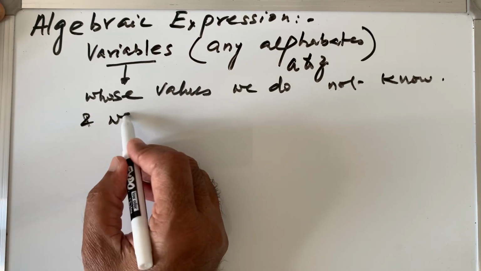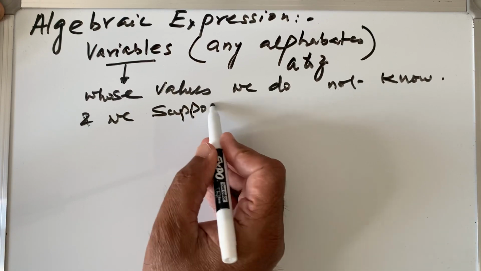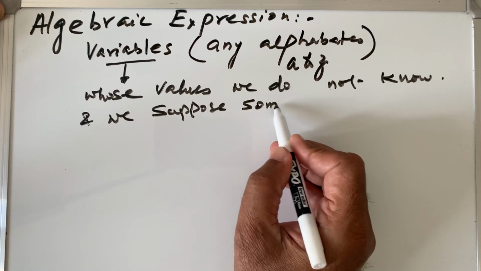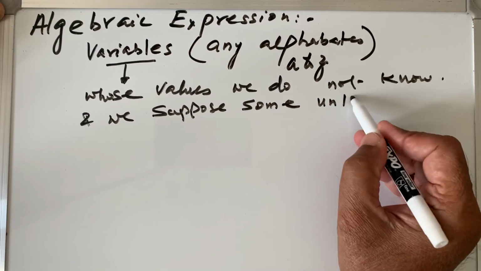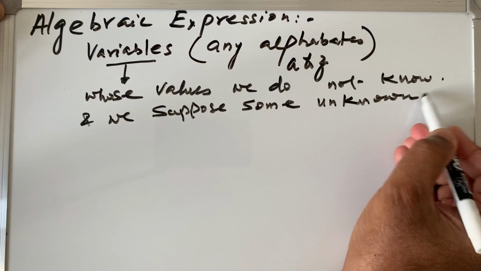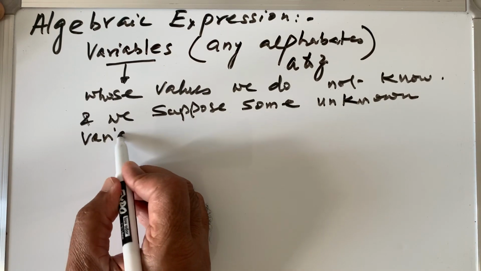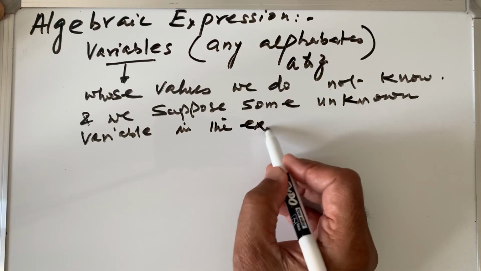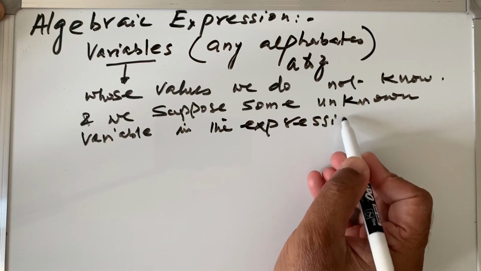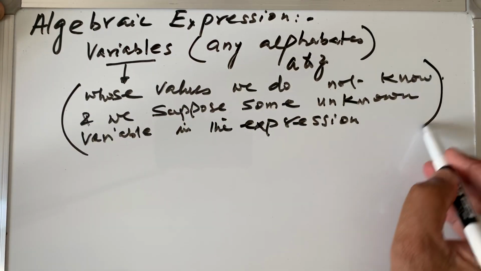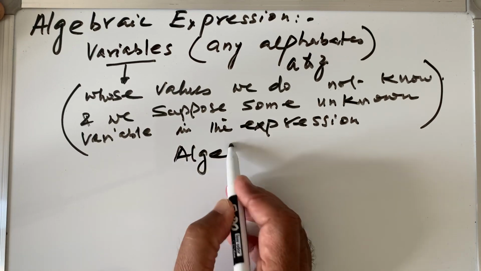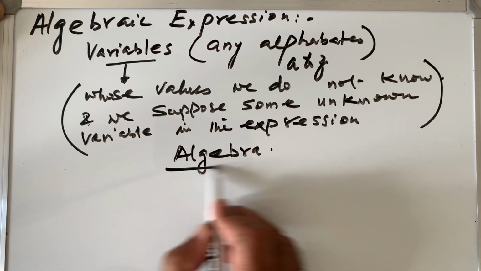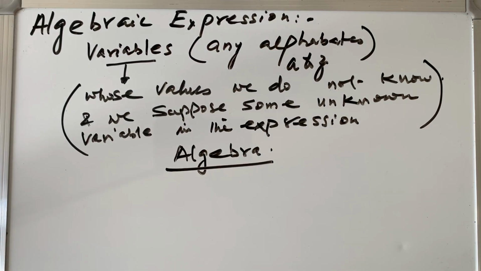And we suppose some unknown variable in the expression, right? So that means this is a mechanism. It starts algebra. What is algebra? Algebra is the equation or the question which has some unknown variables, and then we involve those variables and try to solve the equation or the statement.